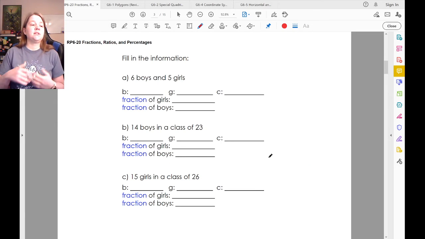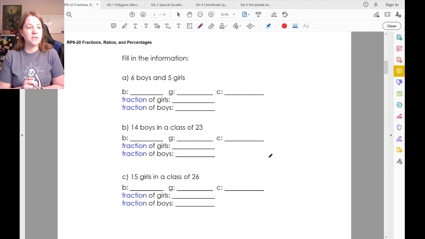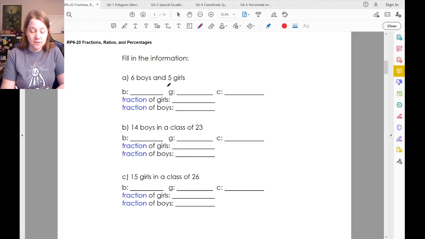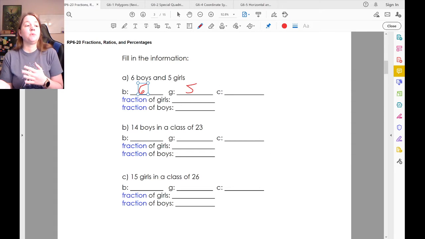Now we want to fill in some more information. If there are 6 boys and 5 girls, and let's say that girls plus boys equals the number of children, which would be 11, what would the fraction of the girls be?